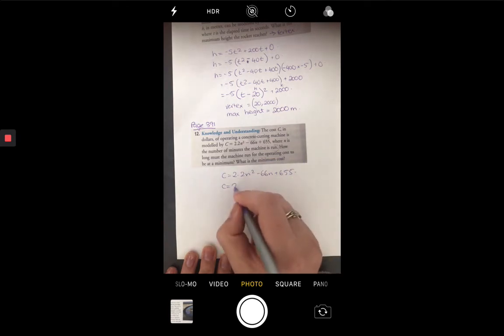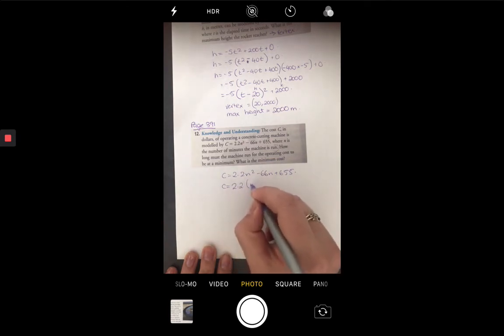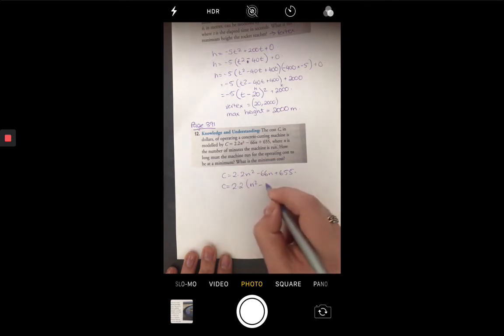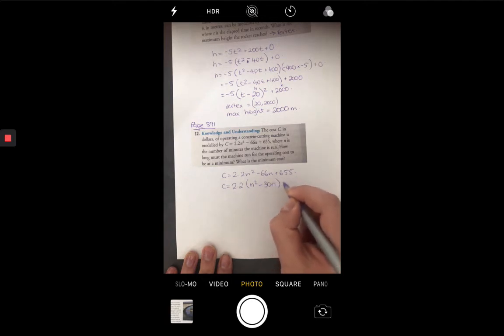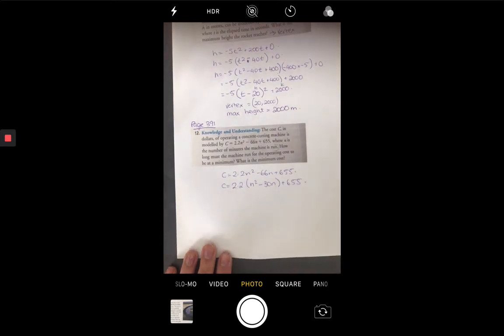So we're going to take out our factor of 2.2 and we're left with minus 30 and plus 655. Now we have to make a perfect square on the inside of these brackets.